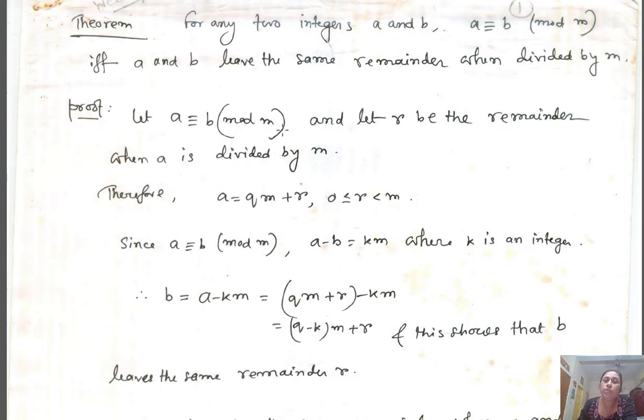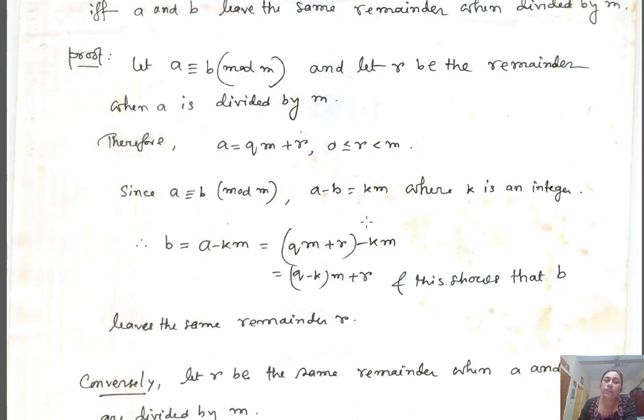Suppose a is congruent to b modulo m, and let r be the remainder when a is divided by m. By the division algorithm, a equals qm plus r, where r lies in the range 0 less than or equal to r less than m. Now, since a is congruent to b modulo m, a minus b is divisible by m. That means a minus b is some multiple of m, say km, where k is some integer.